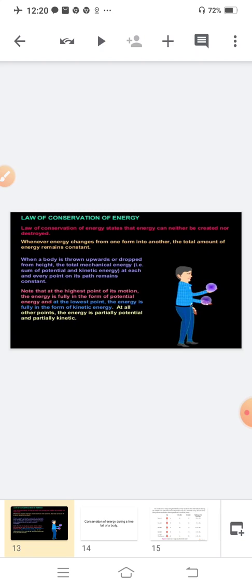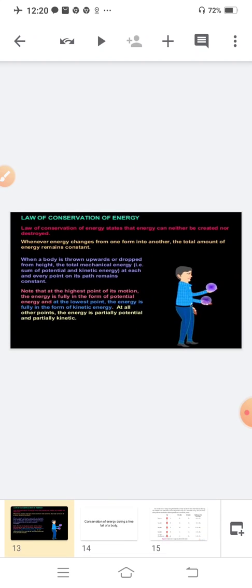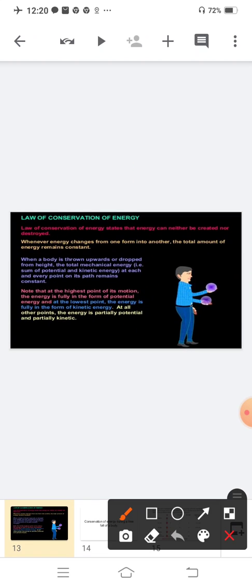Although some energy may be wasted during conversion, the total energy of a system remains the same. Is this clear? So we will write that energy can neither be created nor be destroyed. Clear? So, whenever energy changes from one form to another, the total amount of energy remains constant.